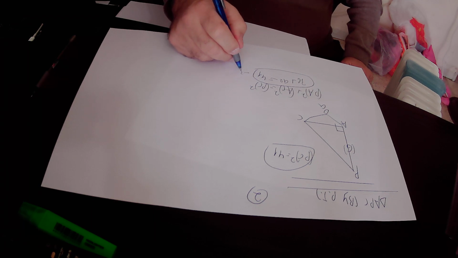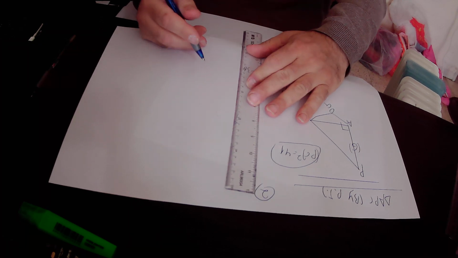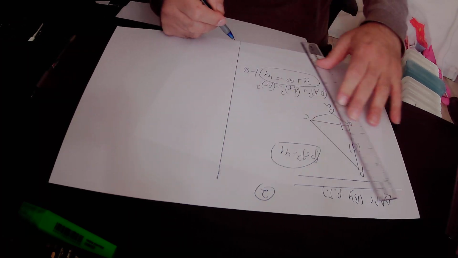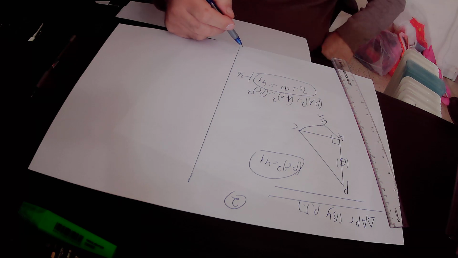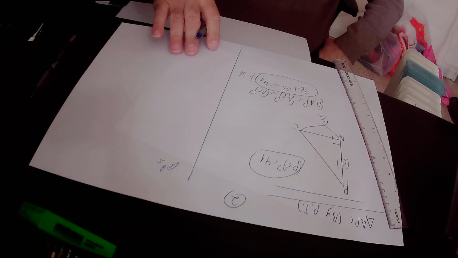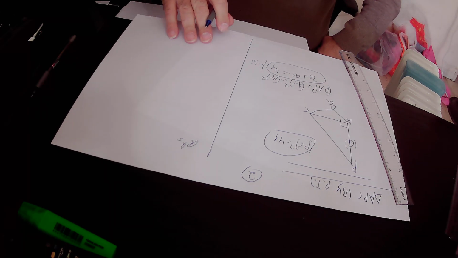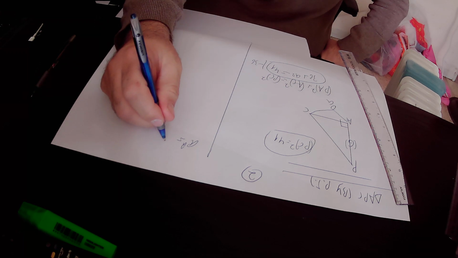Here we subtract 36 from this equation, and finally we will get that A square equals 41 minus 36, which is 5. So A square equals 5.